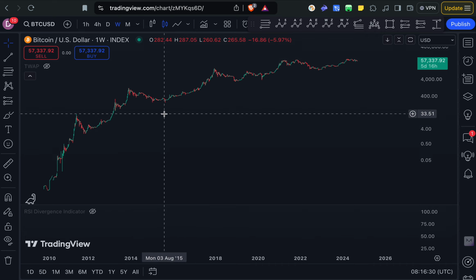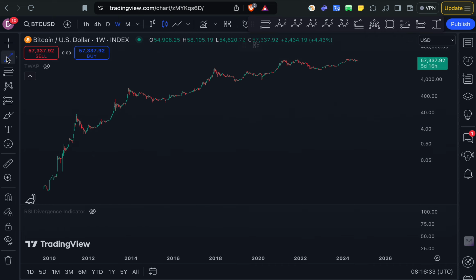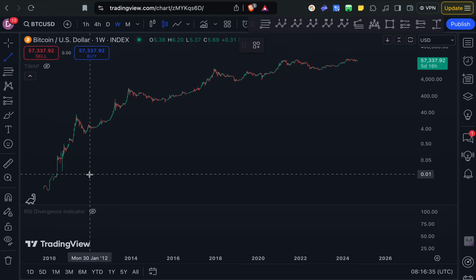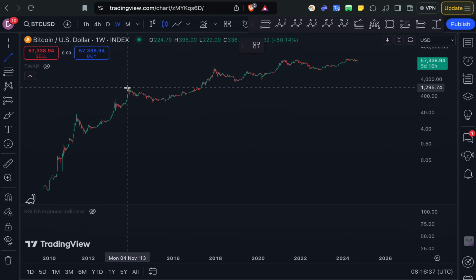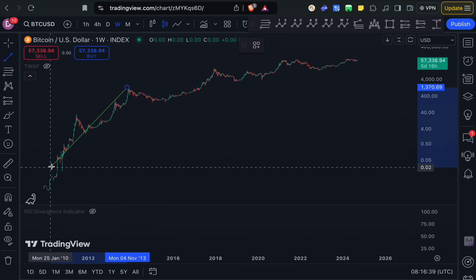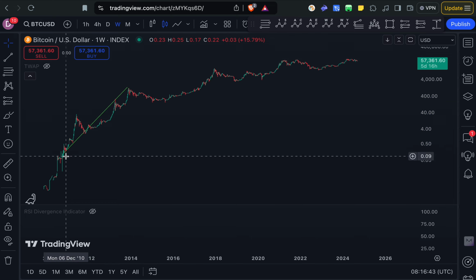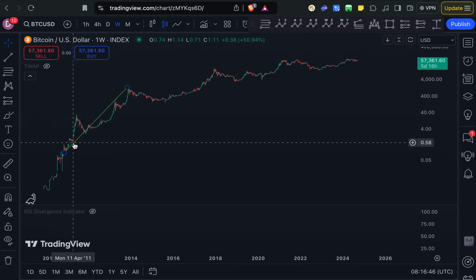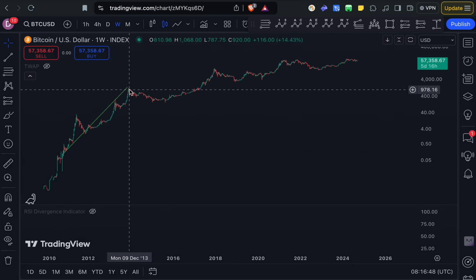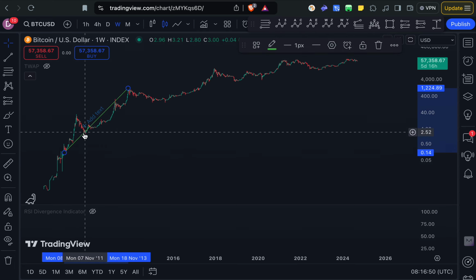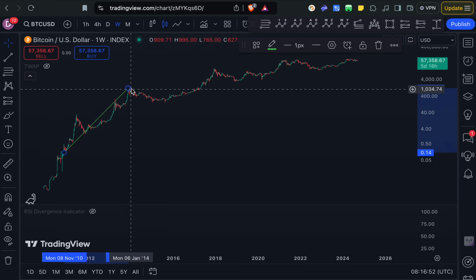One thing that I found before is that you were able to predict the top of the bull market based on what happened in the previous bottom of the bear market. So when I connect the lows here, that was basically able to predict the top of this line here.